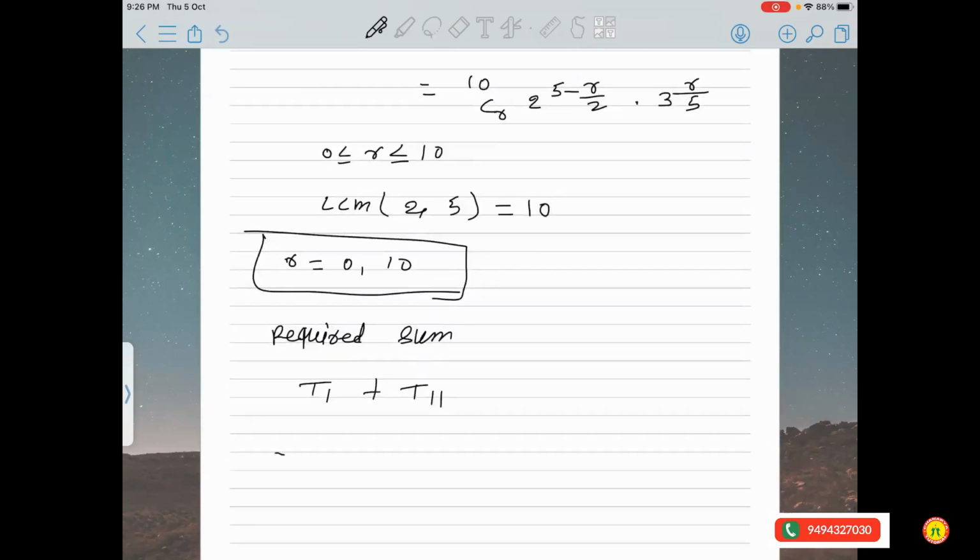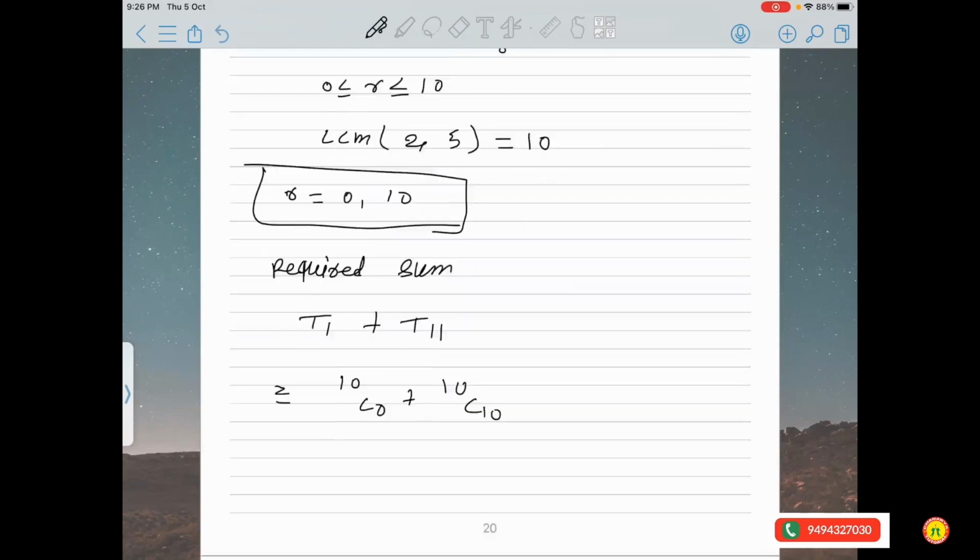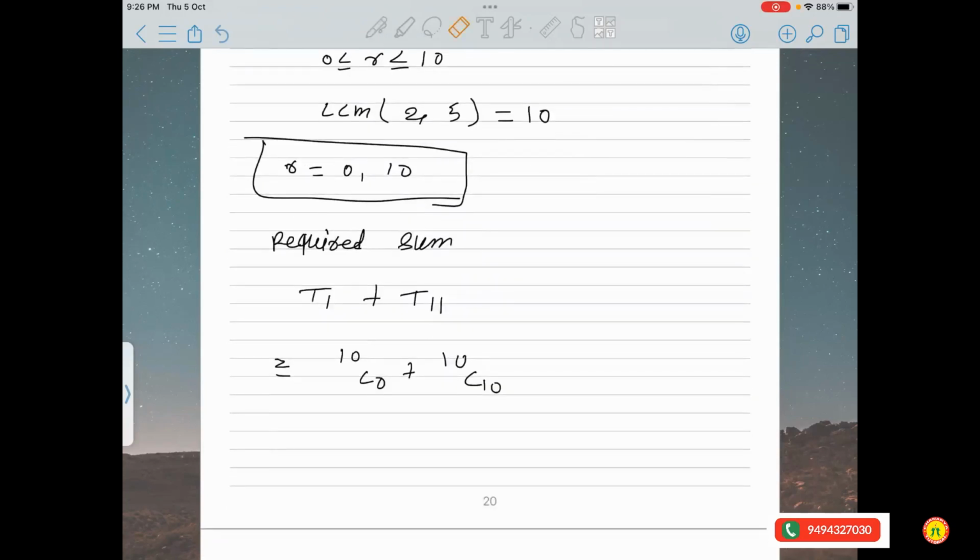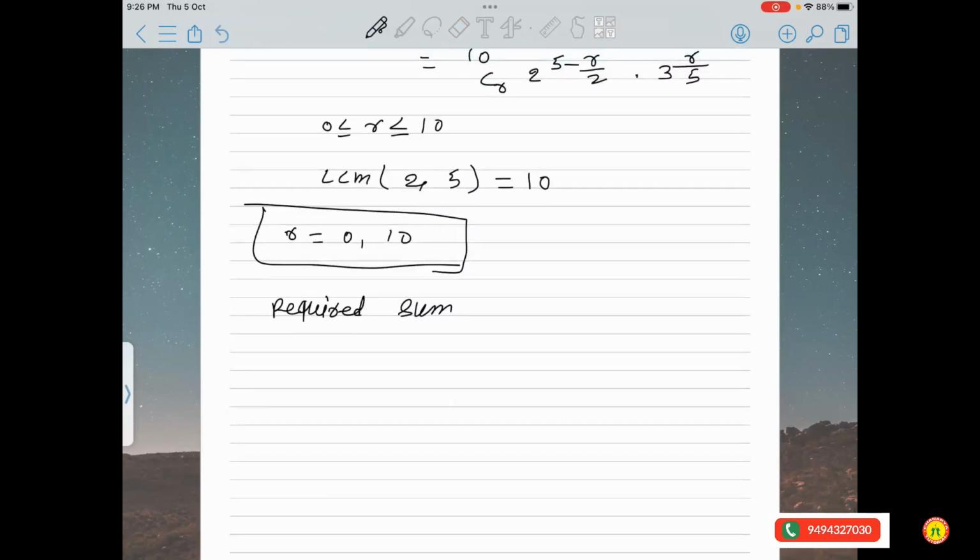This is the answer. So T1 is equal to 10C0 plus 10C10. Which terms will be rational? The Tr plus 1 terms, it means 0 plus 1 and 10 plus 1. These give rational numbers. So we take the sum of these.